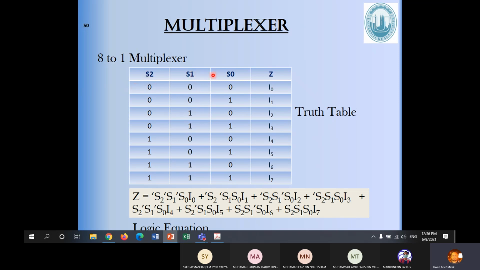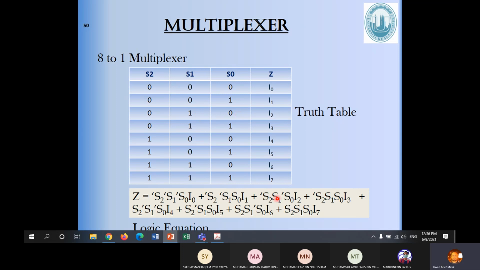S2 0, S1 0, S0 0. So S2 bar, S1 bar, S0 bar, I0. So you have the first group. And then second group, S2 bar, S1 bar, S0, I1. Then continue with S2 bar, S1, S0 bar, I2.